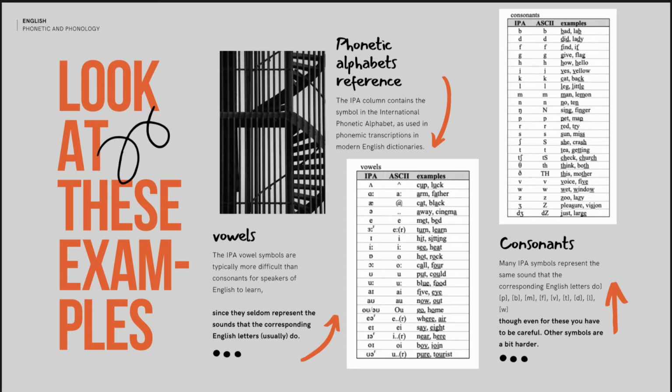Yes, yellow. Cat, bag. Leg, little. Man, lemon. No, ten. Sing, finger. Pet, map.